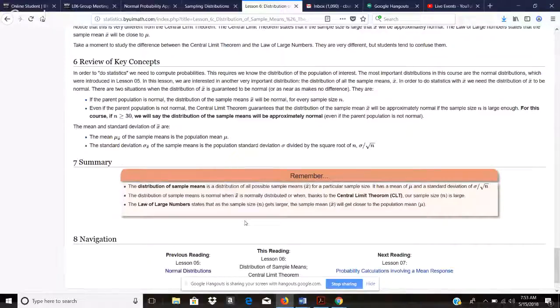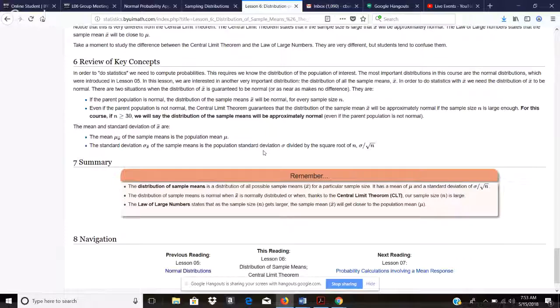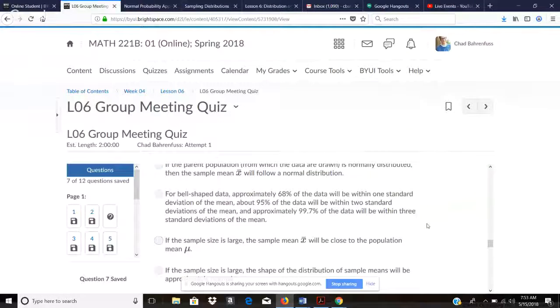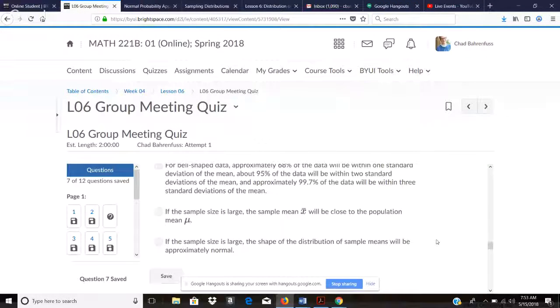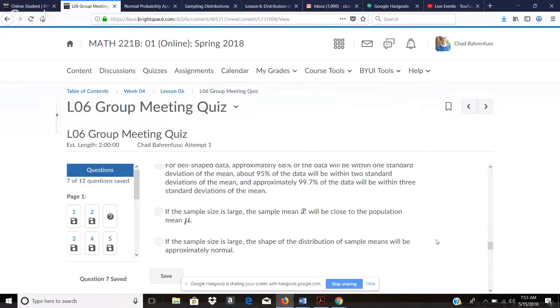The distribution of sample means is normal when X bar is normally distributed, or, thanks to the central limit theorem, when the sample size is large. So we know the first one and the second one are not it. It's between the last two.